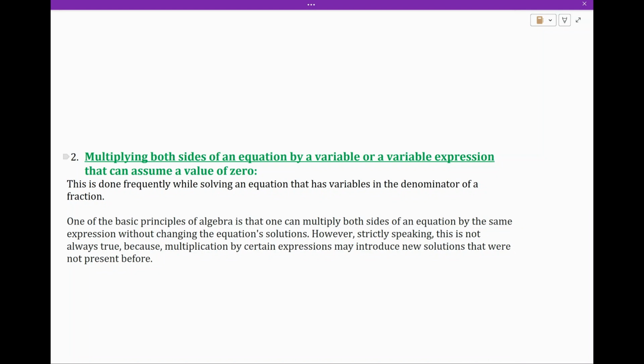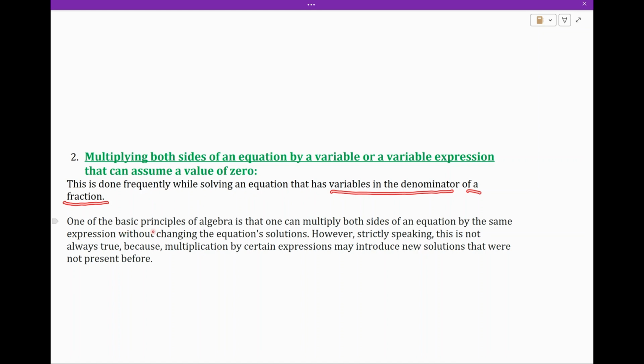That is, multiplying both sides of an equation by a variable or a variable expression that can assume the value of 0. This is done frequently while solving an equation that has variables in the denominator of a fraction.